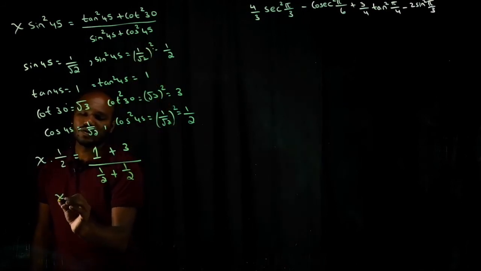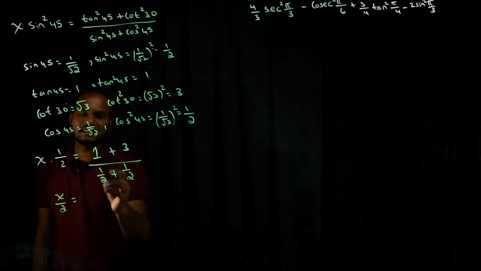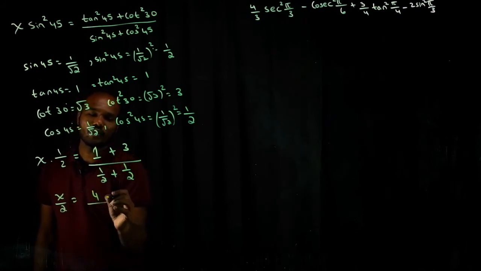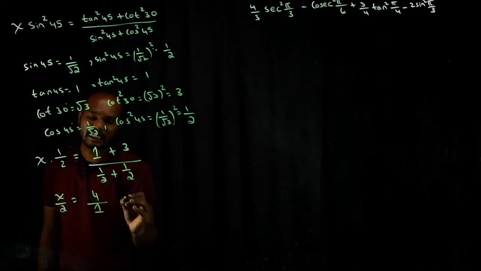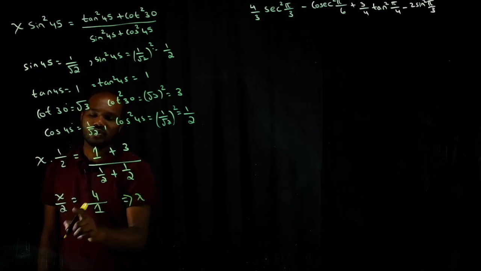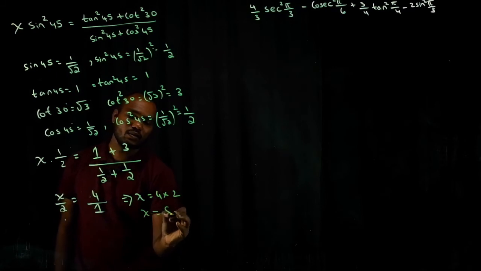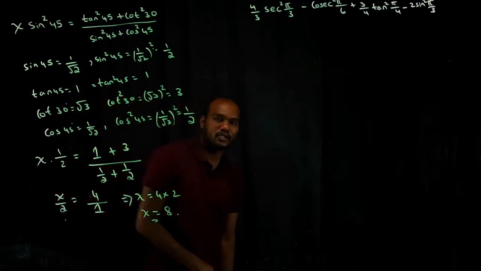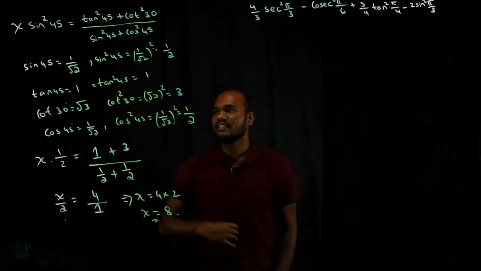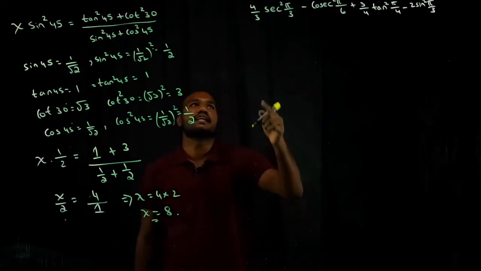Let's solve this. So x by 2 is equal to 1 plus 3, that is 4, over 1 by 2 plus 1 by 2, which is 1. So x will be equal to 2 times 4, x is equal to 8. Did you get the x value? Okay, let's go to the next question.